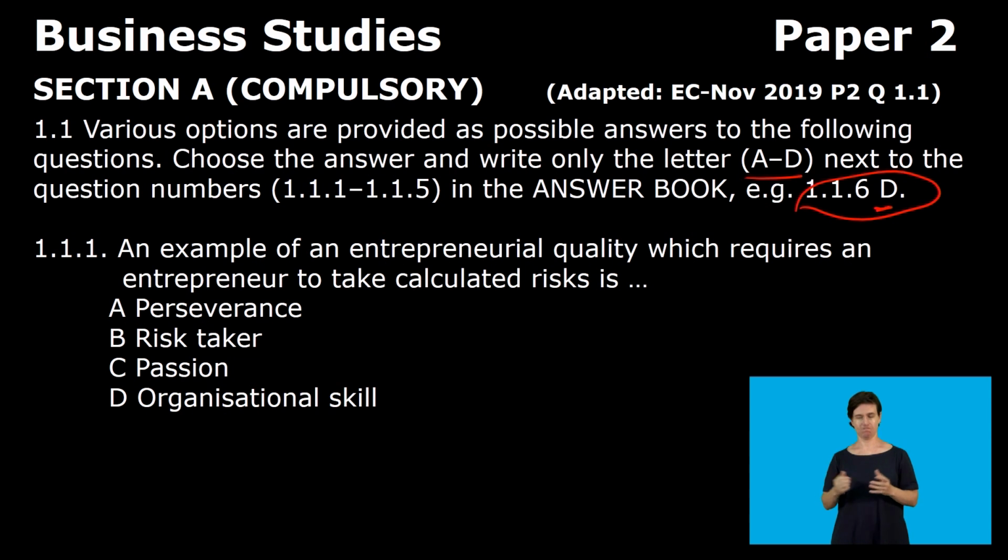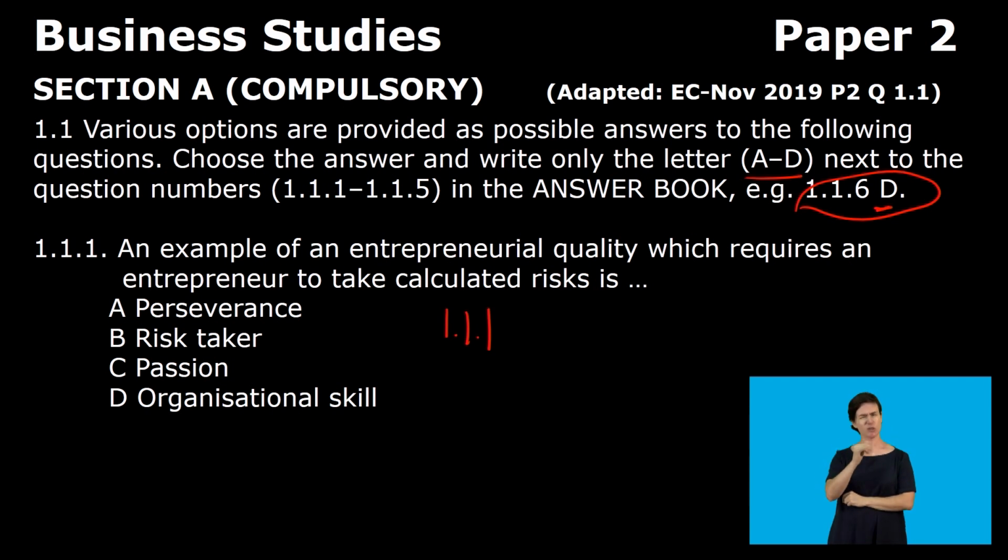Right, let's start. 1.1.1, an example of an entrepreneurial quality which requires an entrepreneur to take calculated risks is called what? From these options, there's the correct answer. Which one is the correct answer? So now this is your book. This is how you're going to answer. Which one do you think is the correct answer?